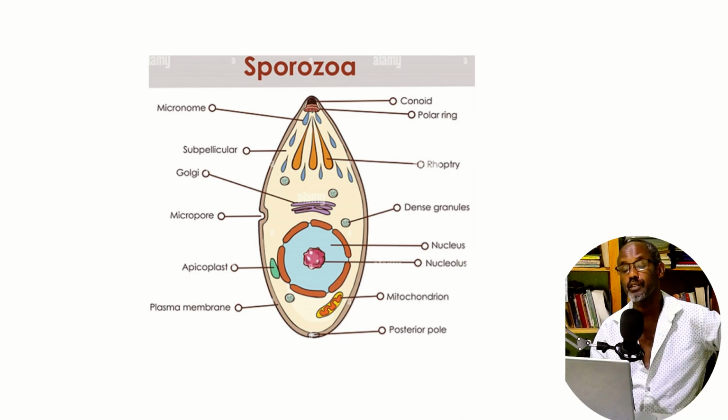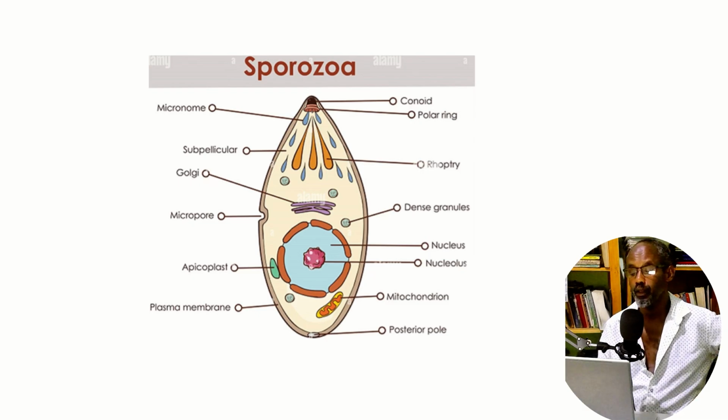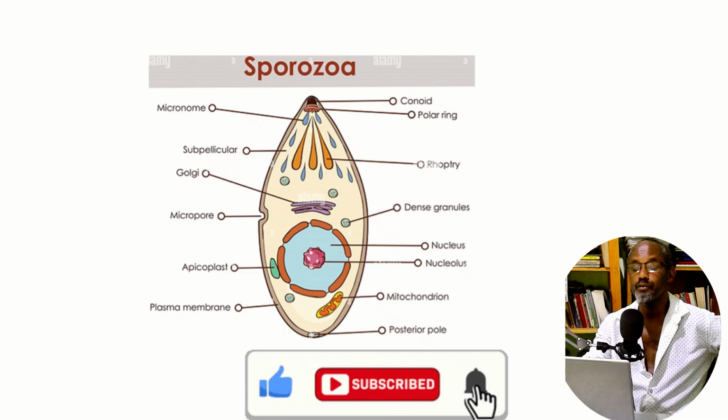Together with the associated enzymes, they play a significant role in penetration of the host tissue, host cell, so that they can enter into cells, multiply when they are intracellular, or come out of the cell as an extracellular form. Therefore, this complex apical structure is a special adaptation for this group, which is common to all. That's why they are known as Apicomplexa. They have an apical complex for penetration.